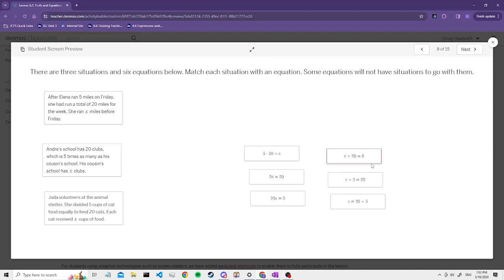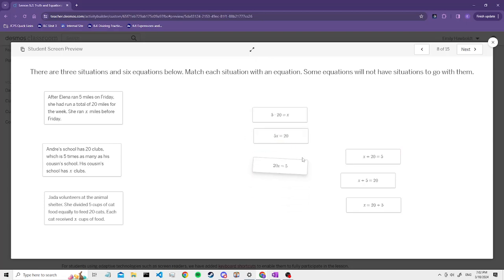So look at these 3 equations. I put these into their own little group. And then look at these 3 equations. What do you notice? You might have noticed that I put all the equations that involve multiplication together and all the equations that involve addition together. I did that on purpose.